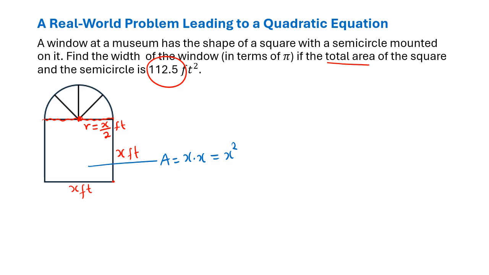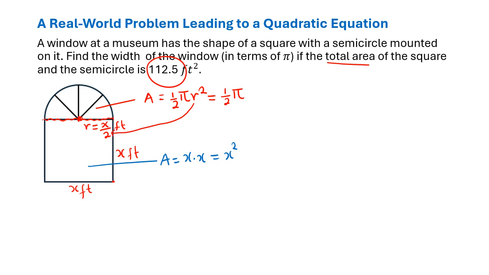I'm going to also calculate the area of the semicircle. The area of the semicircle is 1/2 of the area of a circle, which is 1/2 pi r squared. This means I'm going to do 1 over 2 times pi times the radius, and the radius here is x over 2.